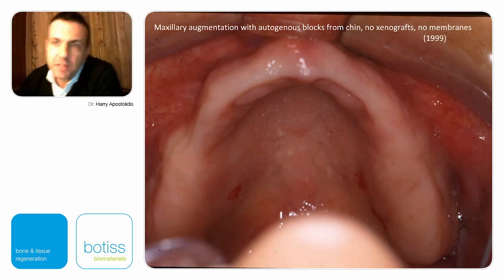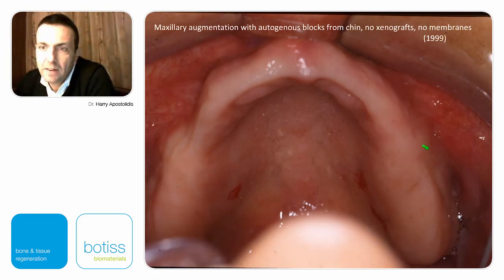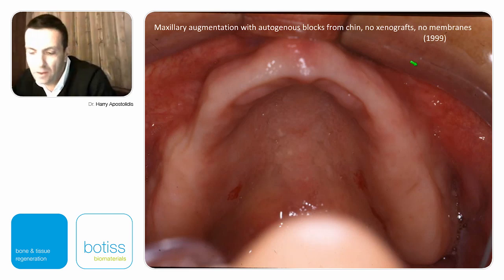That's an old case, 1999. You see a very narrow maxilla. So we're going to do a maxillary augmentation with autogenous blocks from the chin, no xenograft, no membranes at the time. We weren't that big on membranes that far back.